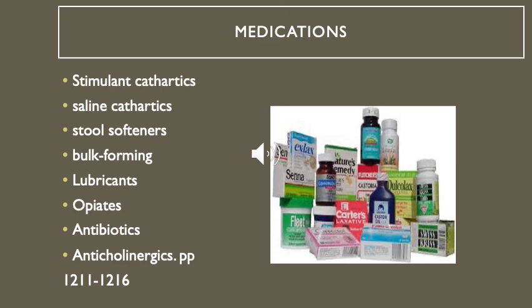Anticholinergic drugs, so that's on page 1211 and 1216. This is in the fundamentals book, I believe. The type of medications that are used in treating cramping and diarrhea, anticholinergics to reduce that spasm kind of thing.